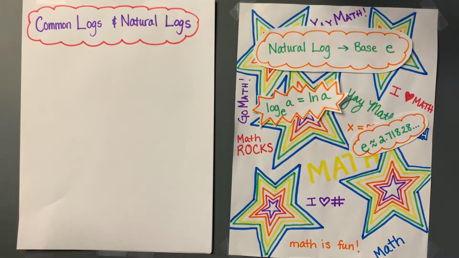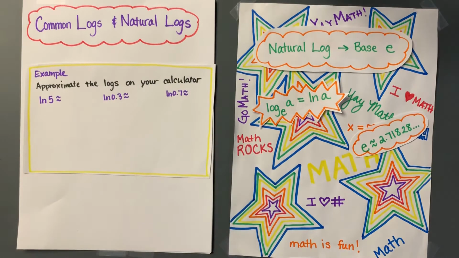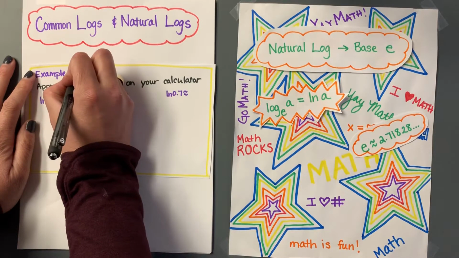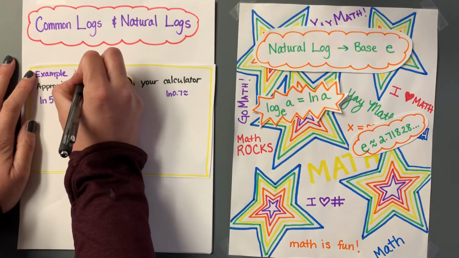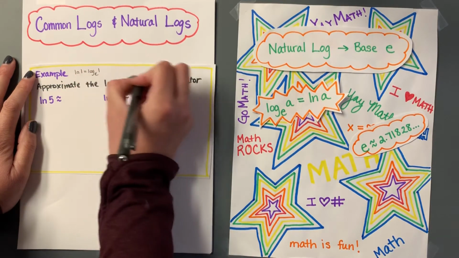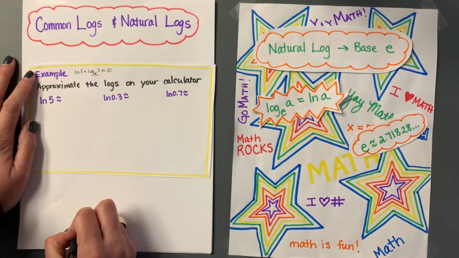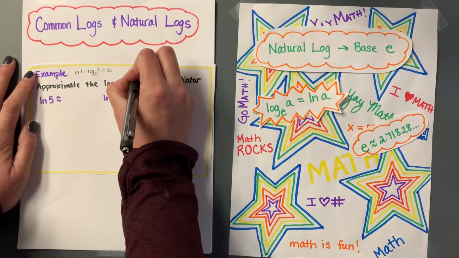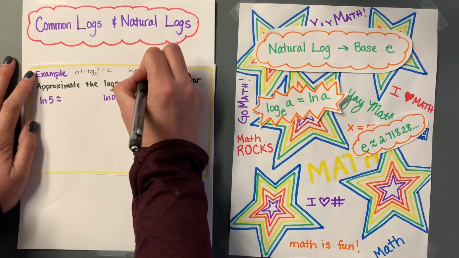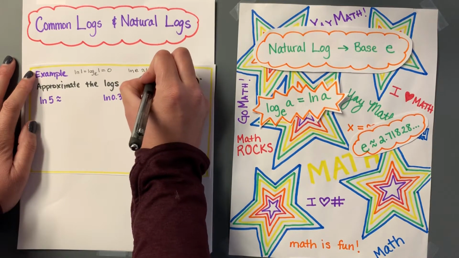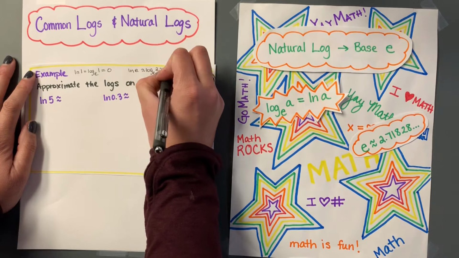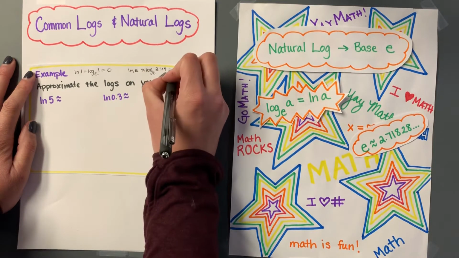So let's start by looking at some of these values. For ln of 5, I want to do what I did before, which is think through what these are. These are log base e. So ln of 1 is log base e of 1, which is equal to 0. ln of e, which is log base e of 2.718, is equal to 1.